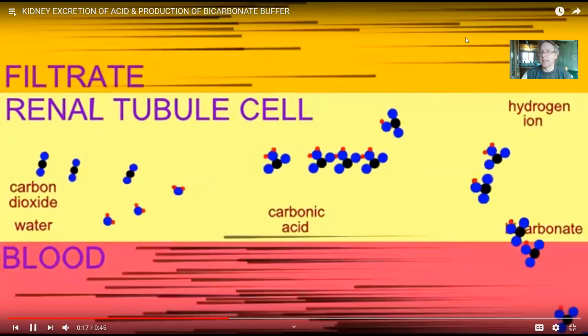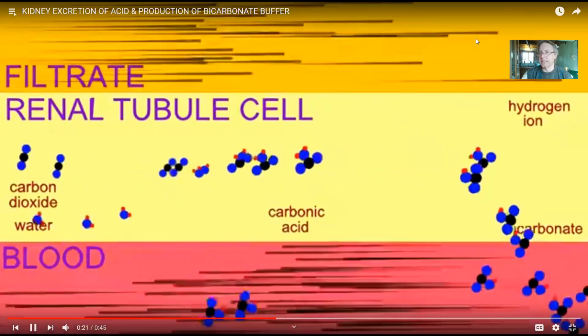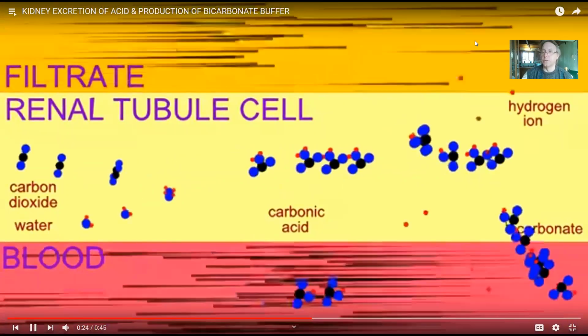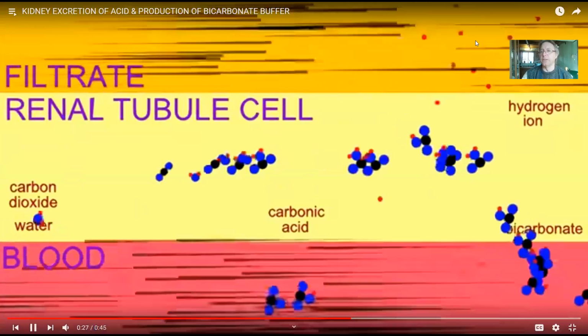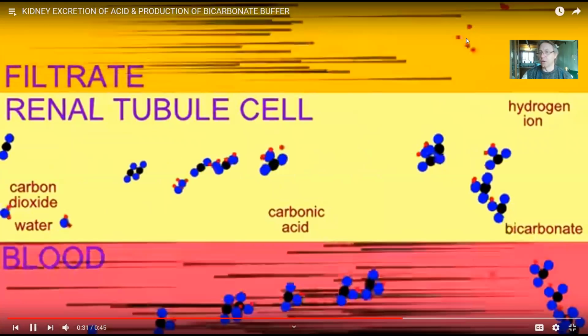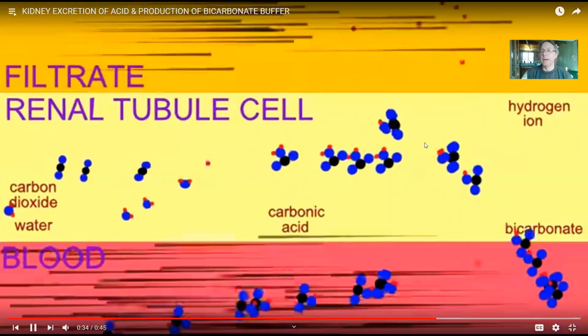And the hydrogen ions can then be pumped into the urine, and thus acid is excreted from the body. So that's a third way that you can control the amount of acid in your body, by changing how many hydrogen ions are excreted in urine, and also how much bicarbonate goes into your blood.